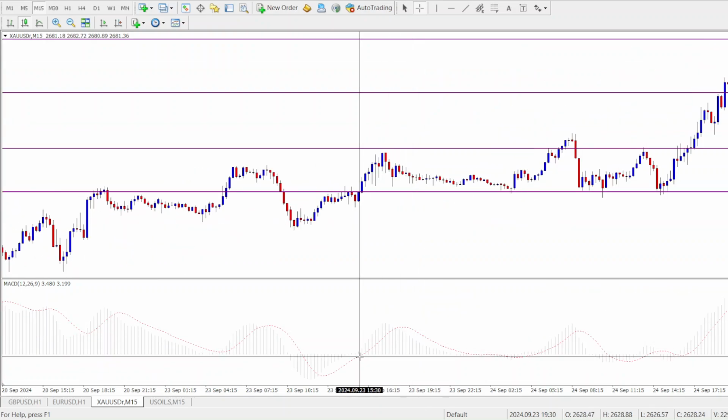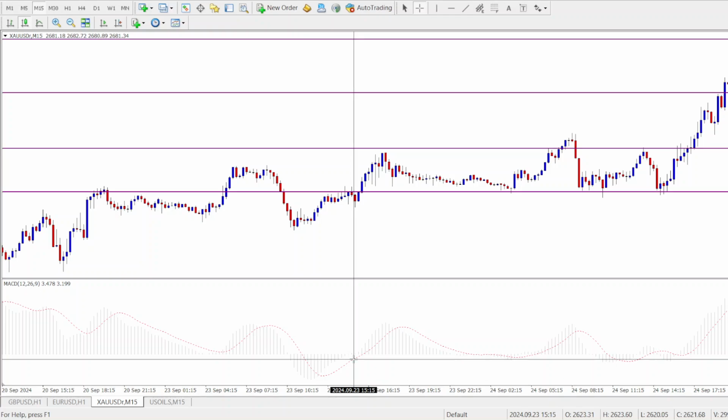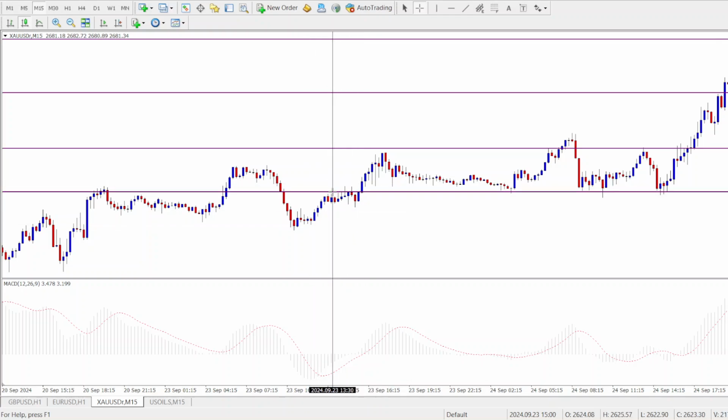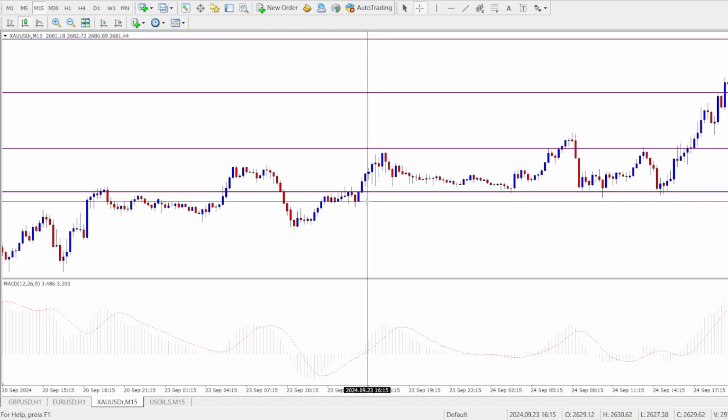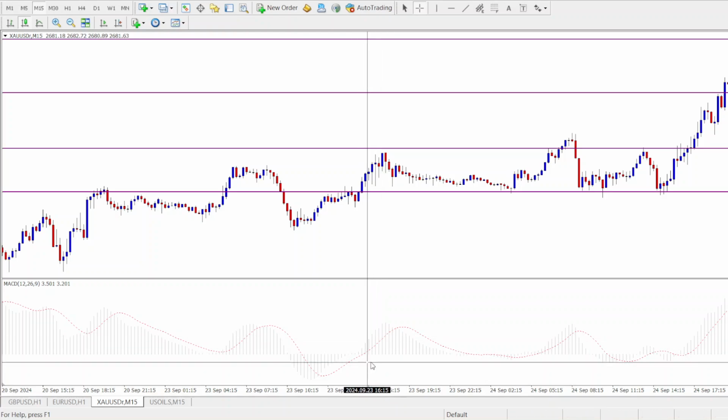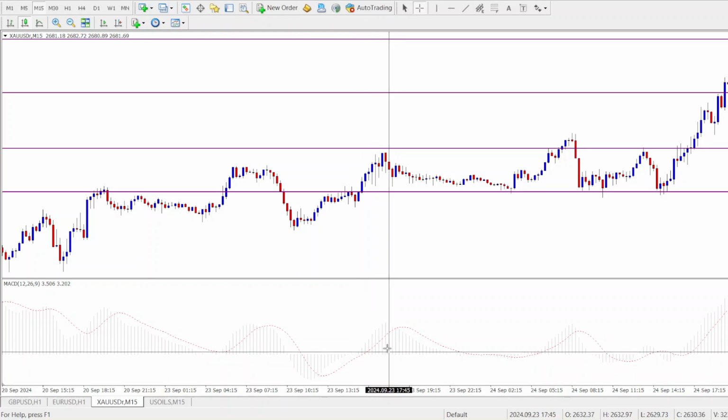Now we can see that when we had a crossover here, it was about that time that the price was bouncing off this. Initially it was a resistance, and then price broke above that resistance about the same point that we had this bullish signal. So it would have been a good opportunity to enter the trade because we had a bullish breakout right about the point that the MACD line crossed above the zero line.